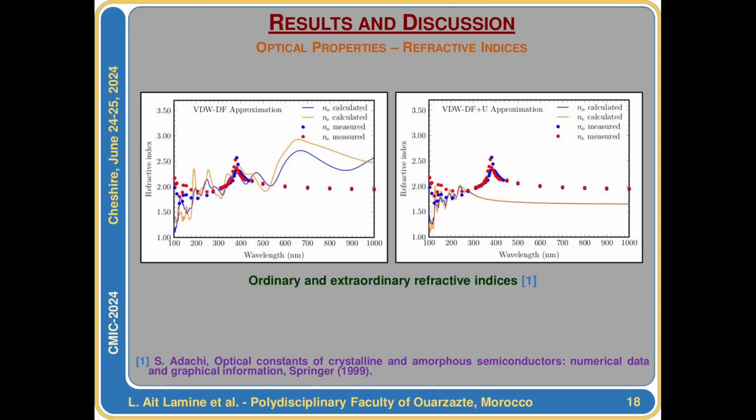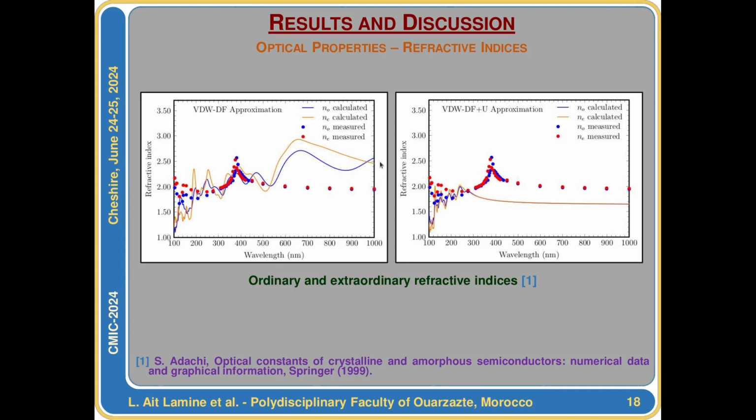For the results of the optical properties for both ordinary and extraordinary polarization direction, here we have the calculated refractive indices. By using VDW-DF functional, the calculated values in near ultraviolet region are close to the experimental ones, but some peaks are obtained in visible and near infrared regions.